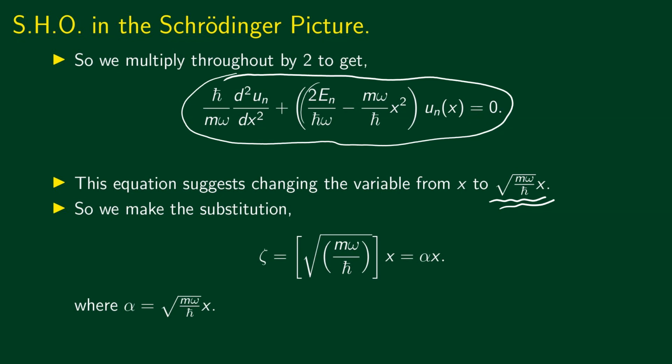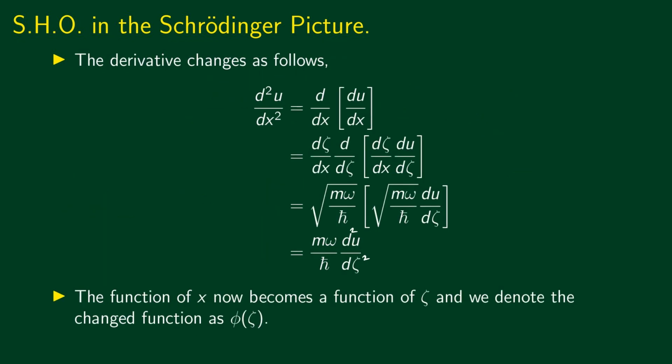So we define a new variable, zeta, equal to square root of m omega by h bar multiplied by x, which can also be written as alpha x, where alpha is square root of m omega divided by h bar. There's no x here. Okay, so let's try the substitution.